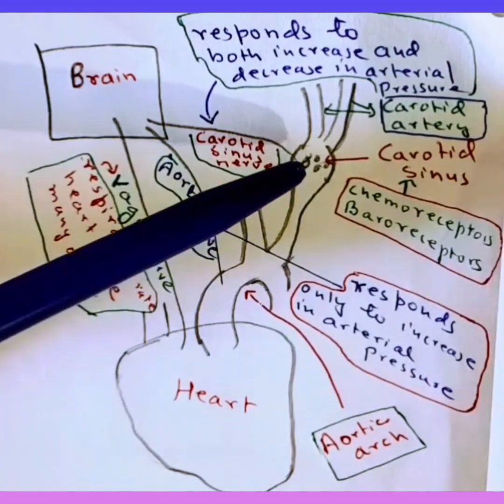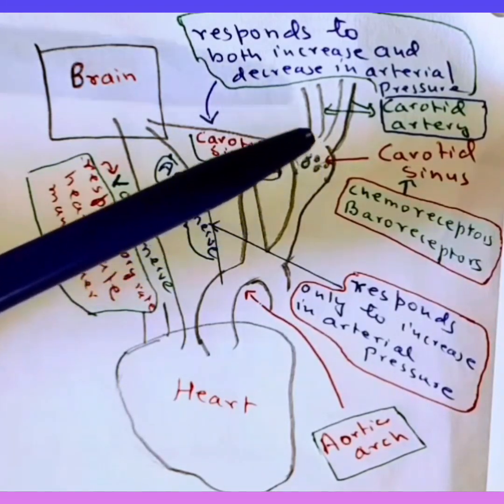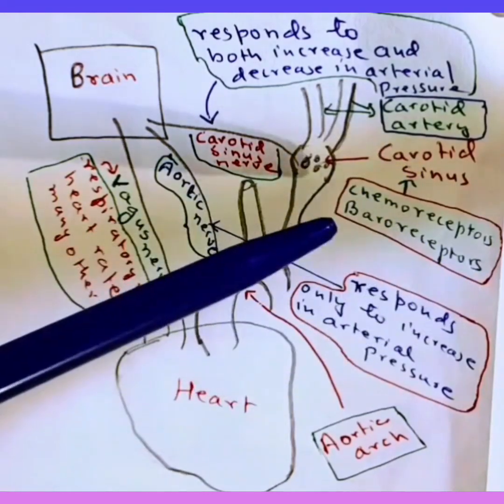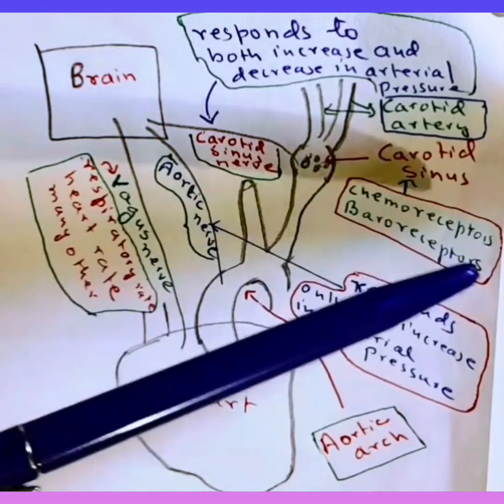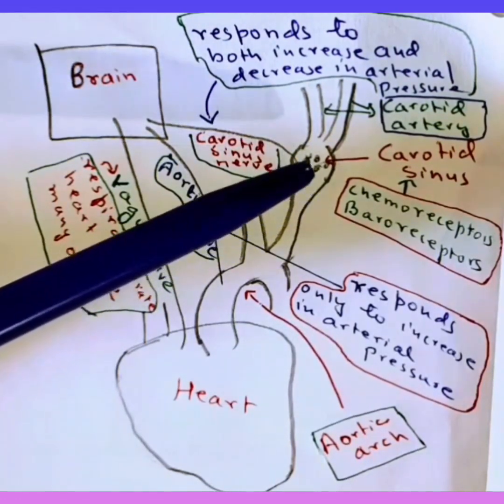At this part, the carotid sinus has lots of chemoreceptors and baroreceptors. Chemoreceptors are responsible for chemical change. What chemical change?